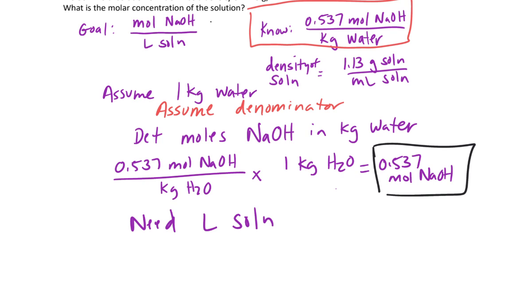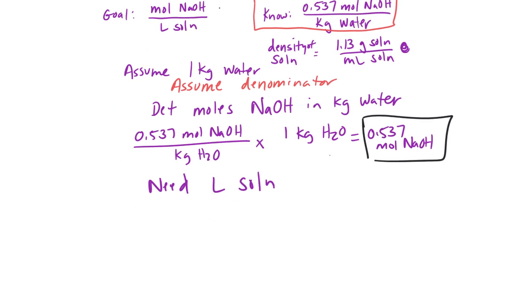So to go to liters of solution, we have another piece of information, and that is the density of the solution. We can use that to find the mass of the solution. So let's write that out.